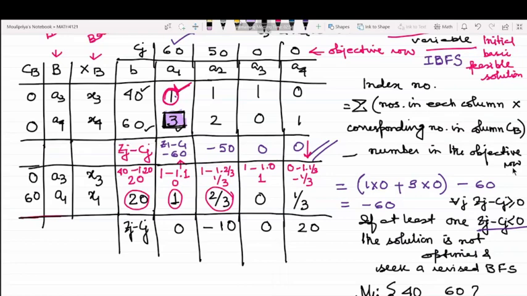Tell me, which is the entering vector? The second column, right? So A2 is the entering vector.